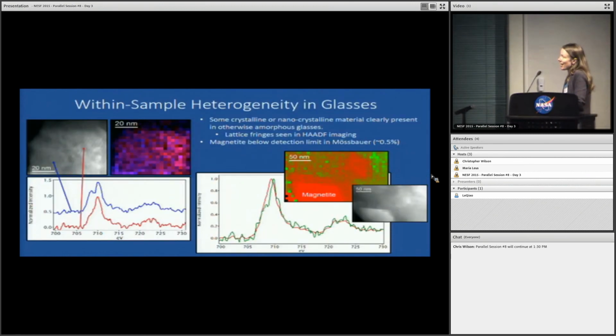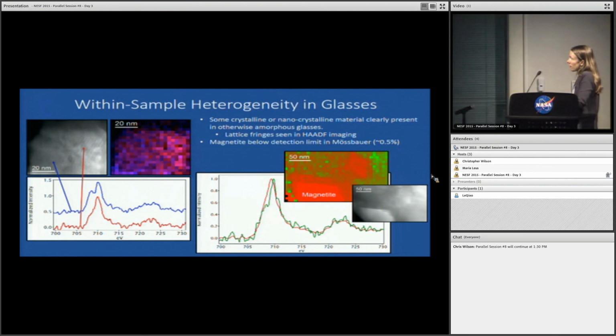Some of this heterogeneity we're able to see when we map out just within very small regions of this glass. This is the HAADF image of the glass, and if you look closely, there are lattice fringes in this, so it's at least nanocrystalline, and these two regions have very different spectra. This one is quite a bit more reduced relative to this.